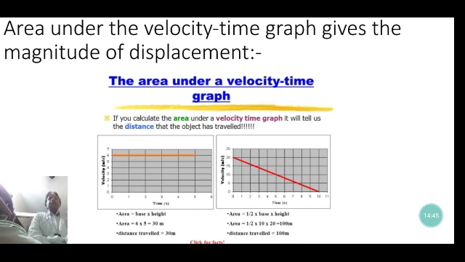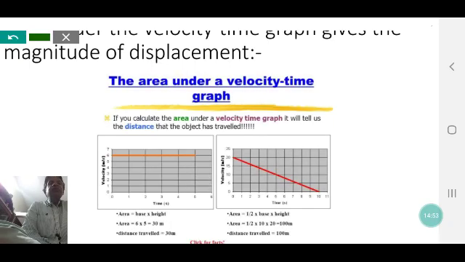In this slide, the second point is given: area under the velocity-time graph. The area under the velocity-time graph gives the magnitude of displacement. Look here. In this velocity-time graph, time is taken here and velocity is here.